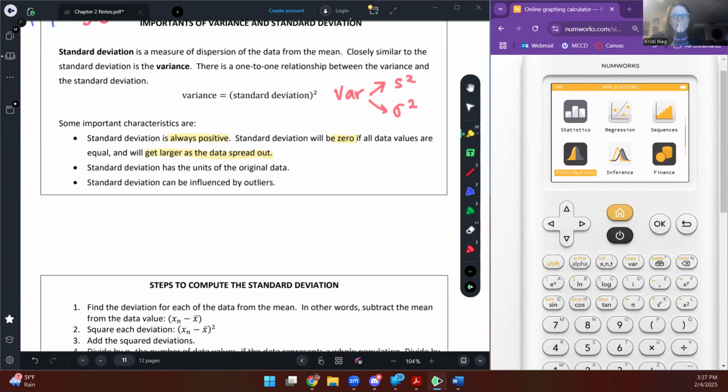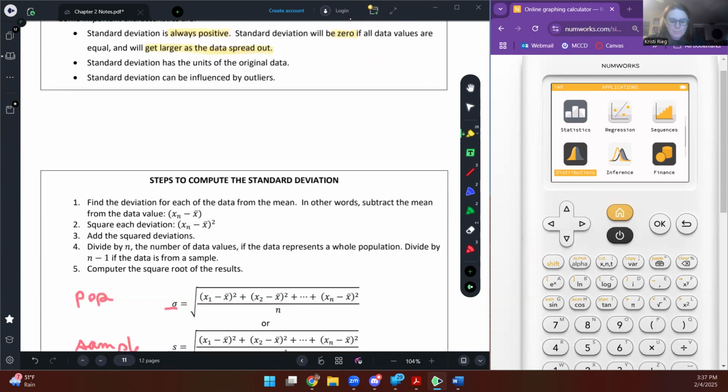As the data values get farther away from the mean, the standard deviation, or the space between my fingers, gets bigger and bigger, but it's always positive. I can't have negative space. So it's going to be positive, or on some rare occasions it could be 0, but it's never negative. And then the last two: standard deviation has the units of the original data and can be influenced by outliers.